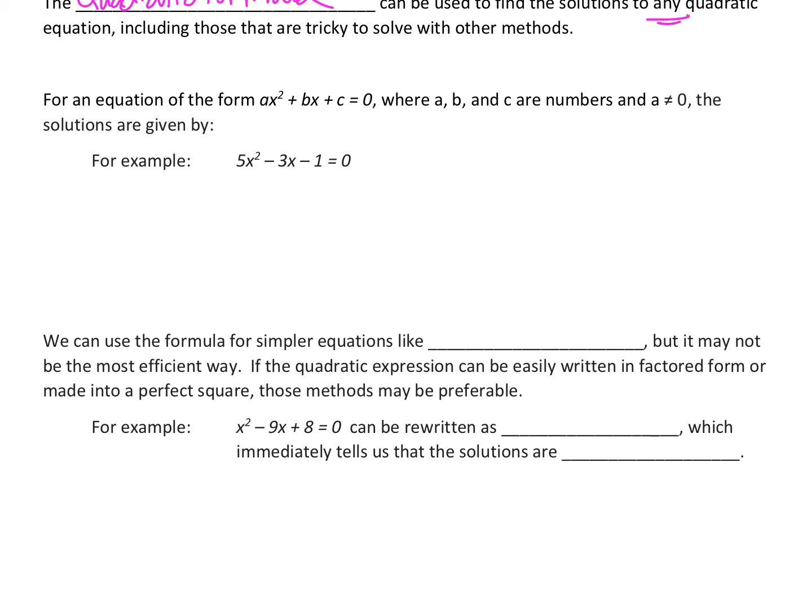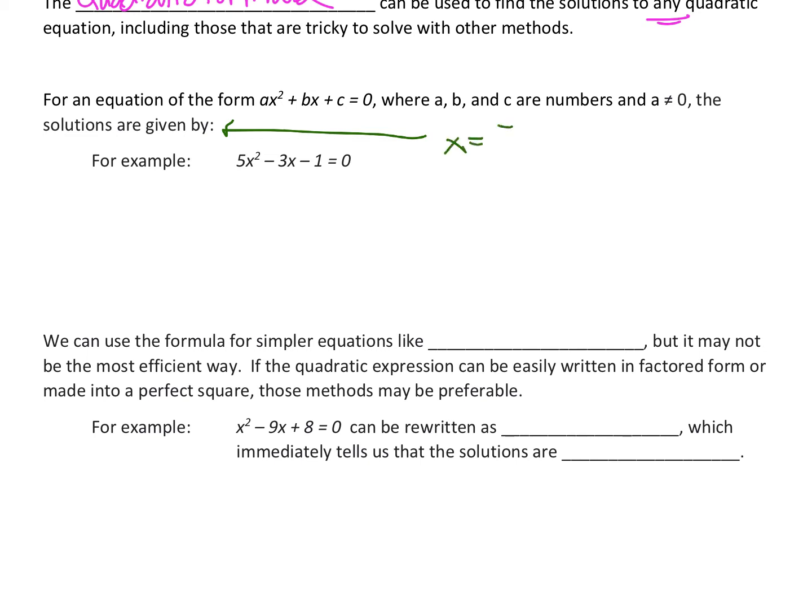For an equation of the form ax squared plus bx plus c equals 0, where a, b, and c are numbers and a is not equal to 0, the solutions are given by, all right, so I was supposed to leave you some space right here. That is supposed to be where we're going to write in the quadratic formula.